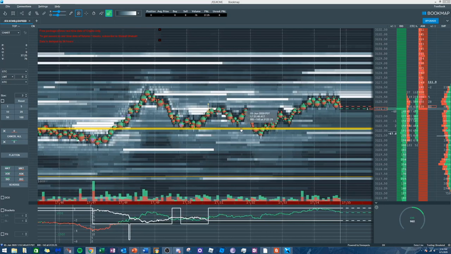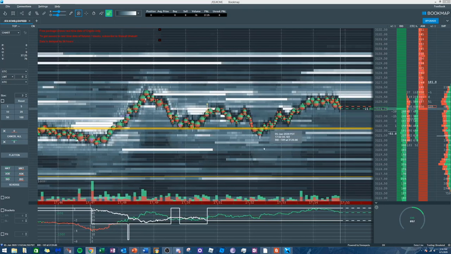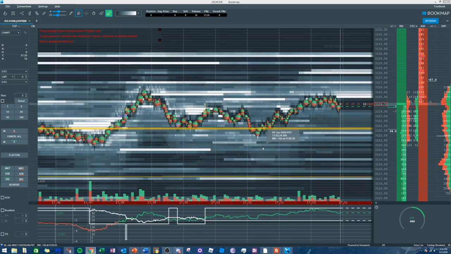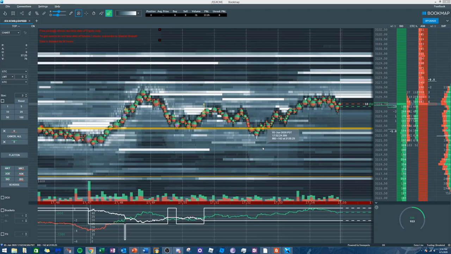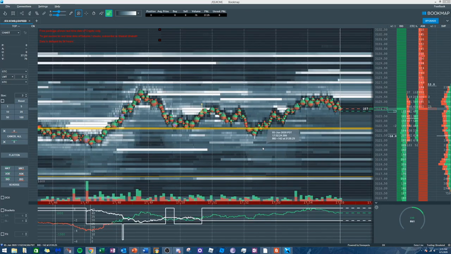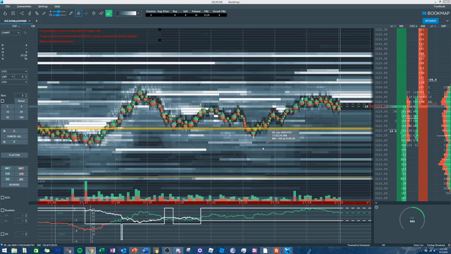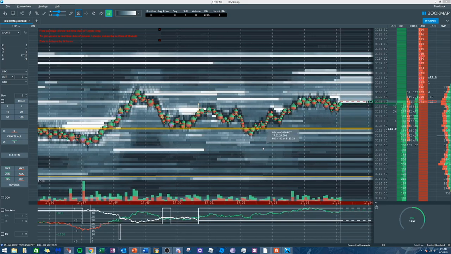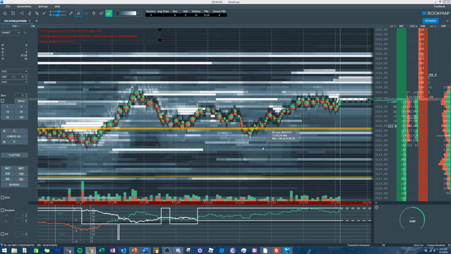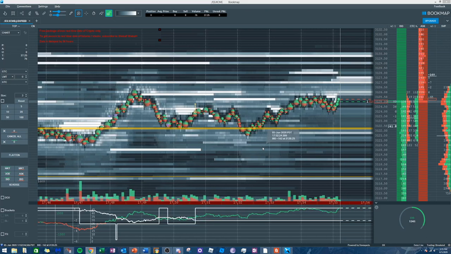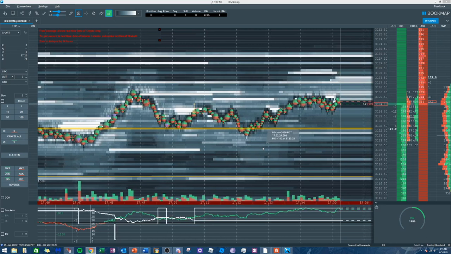I cannot express enough how important it is to be confident in your position and your decision making, because if you're not confident, you're going to have anxiety, you're going to be constantly worried about whether or not you're going to get stopped out, losing your money, which is going to lead to taking your profits too soon, moving your stop loss further in and getting stopped out before the trade has a chance to mature, that kind of stuff.